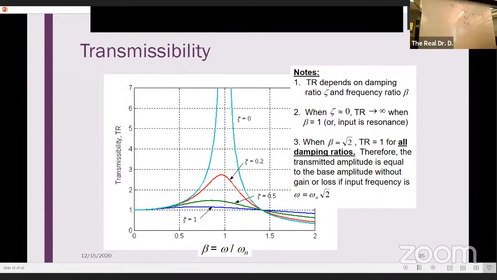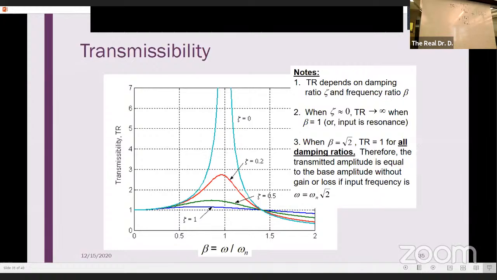If you can minimize omega n compared to your operating frequency, then you will hopefully be above root 2. If you are above root 2, then we want to play with zeta and get zeta as small as possible to the right to really accentuate that attenuation.